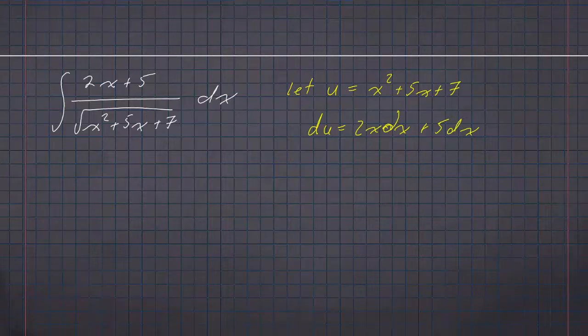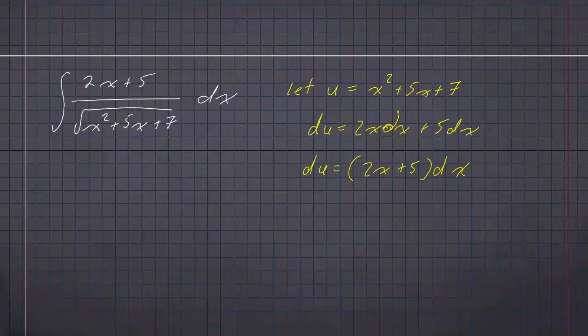Previously, I have solved for dx at this point, but I'm going to simply notice that if I factor out a dx, du is 2x plus 5 times dx. And by complete coincidence, otherwise known as this problem was very carefully designed so that this would work out, 2x plus 5 is exactly what's being multiplied by dx in the numerator of this fraction.